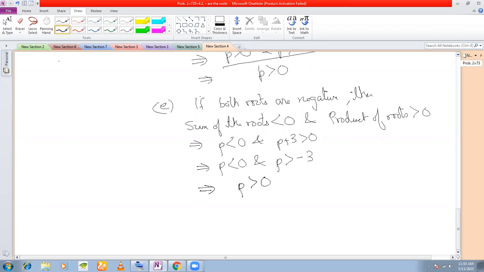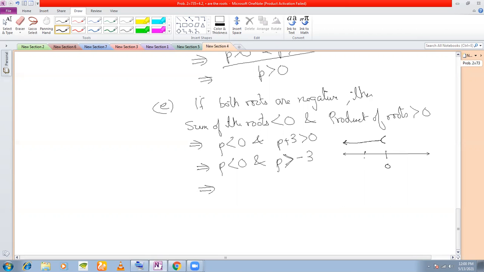If you combine these two conditions, p greater than -3 and p less than 0, you can try it on the number line. You have p less than 0, that means from here you're going this way, and you have p greater than -3.